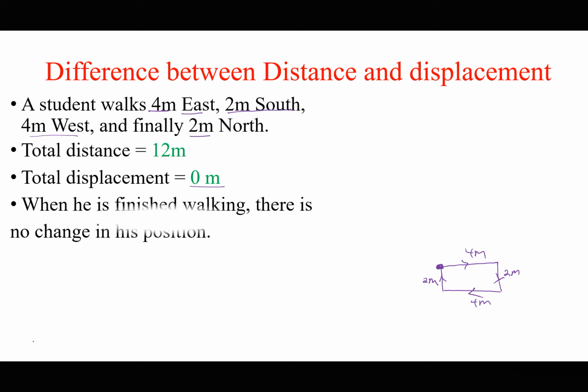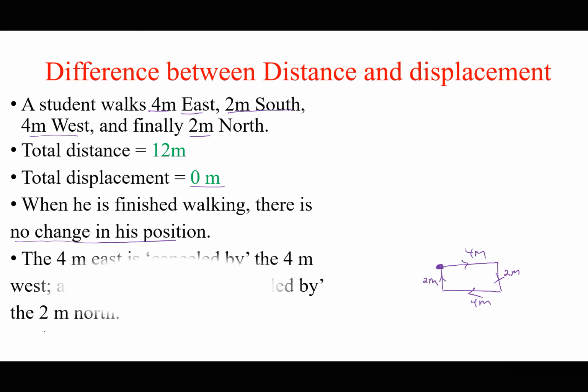When he is finished walking, there is no change in his position because the initial position is the same as the final position. The 4 meters east would cancel out the 4 meters west, because displacement is a vector quantity.